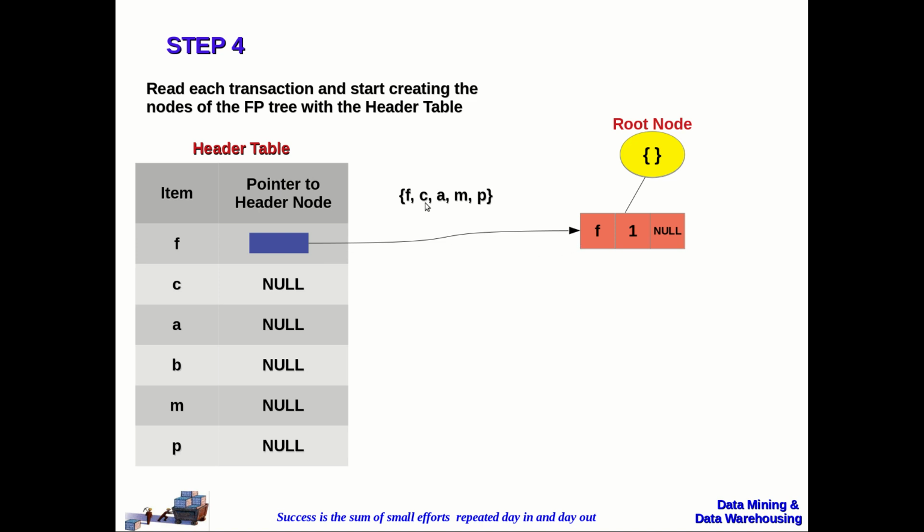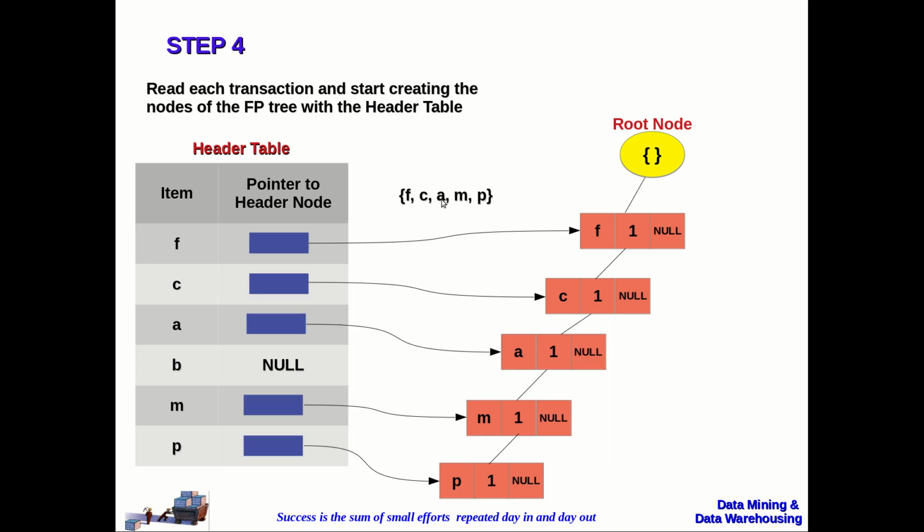Then take the second item, which is C. C will be the child node of F, because from F the path goes to C. Since this is the first node for C, the header node will be pointing to this particular node. Then create the third node, which is A. Again the count will be 1.